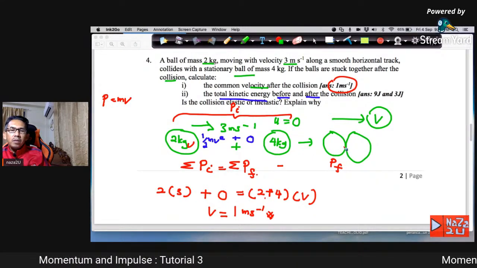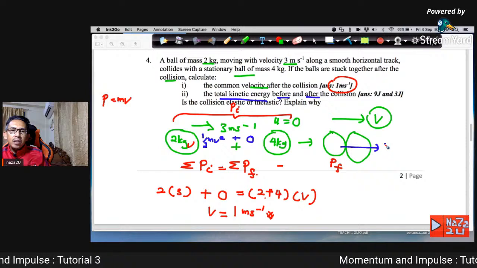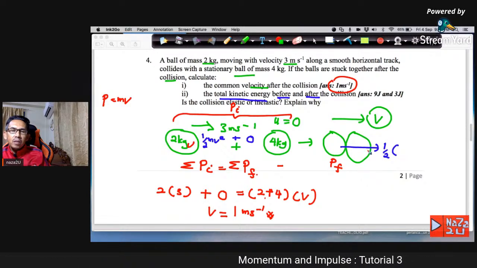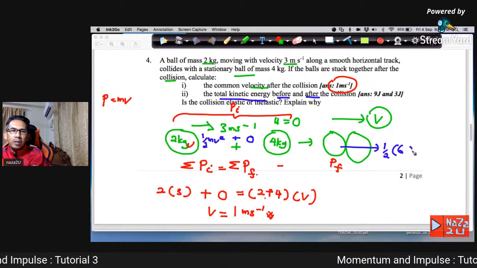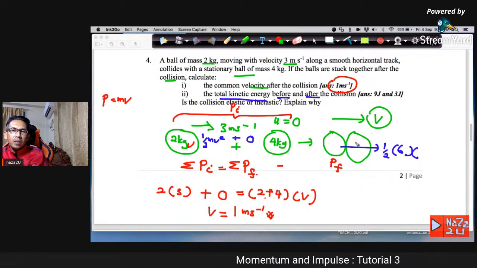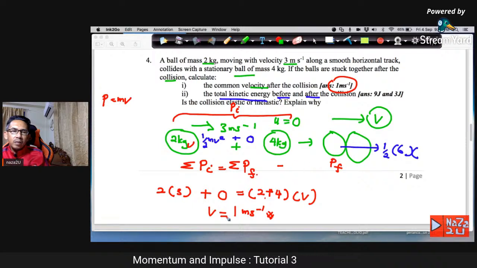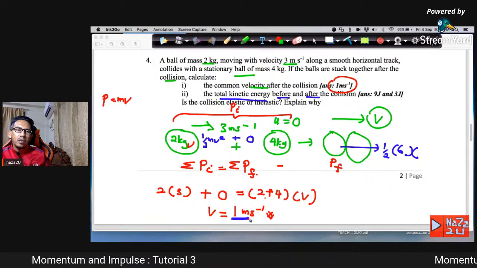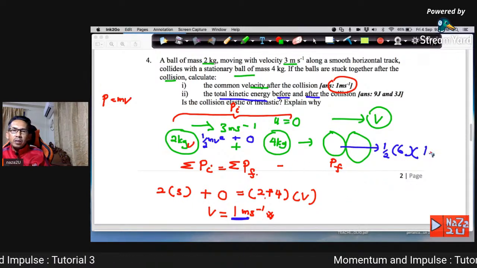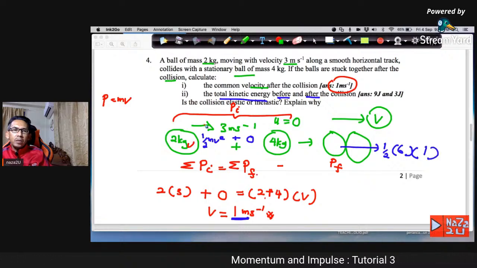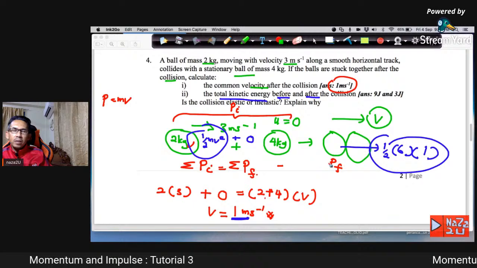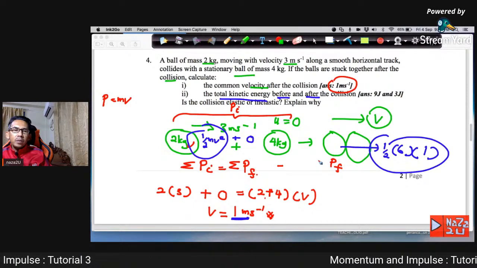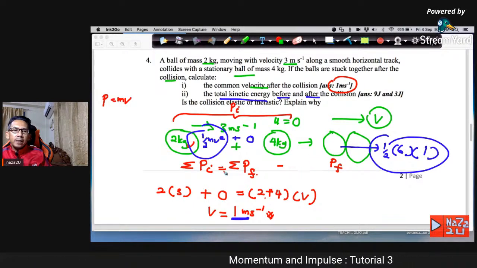And after collision, the kinetic energy is half, because they stick together, you must add 2 kilogram plus 4 kilogram, this is 6 kilogram, times v squared, with v being the answer from question number 1, 1 meter per second. So now if you use the equation here, we have the value of the kinetic energy before.